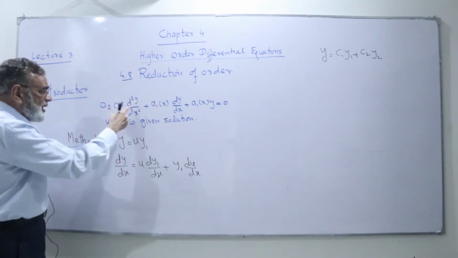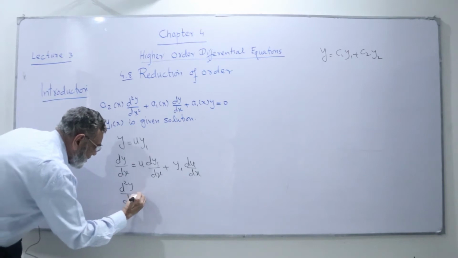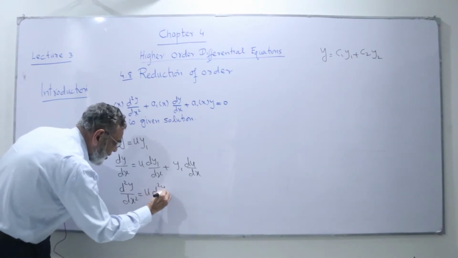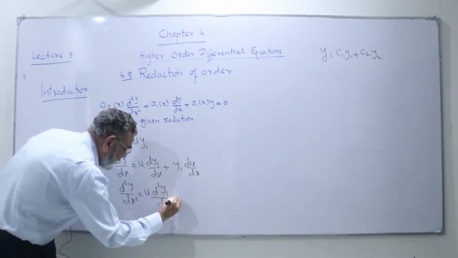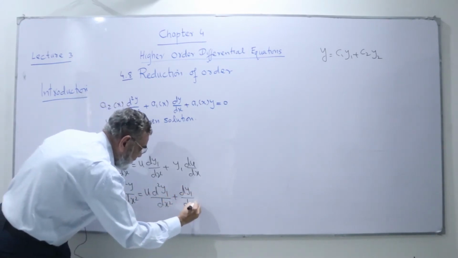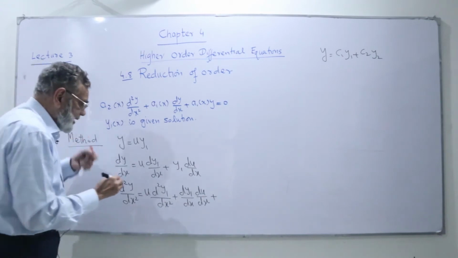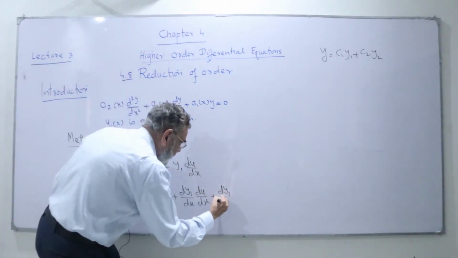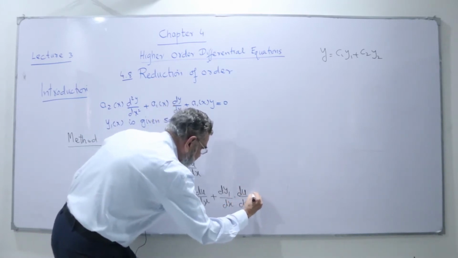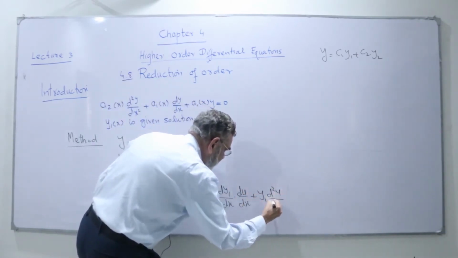Now for the second one, we need d2y by dx square. Taking the derivative, first function into derivative of second function, we get u d2y1 over dx square, plus the derivative of the first function, dy1 over dx into du by dx, then plus the derivative of y1, that is dy1 over dx into du by dx, then the derivative of du by dx, which gives y1 into d2u by dx square.